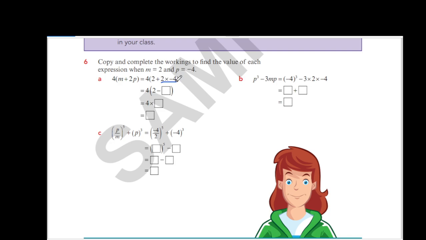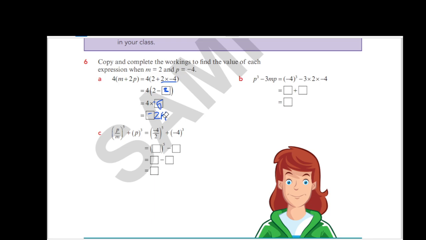By multiplying 2 with -4, the answer will be -8. So 2 minus 8 will be -6, and by multiplying 4 with -6, our answer will be -24. So the answer of part A will be -24.